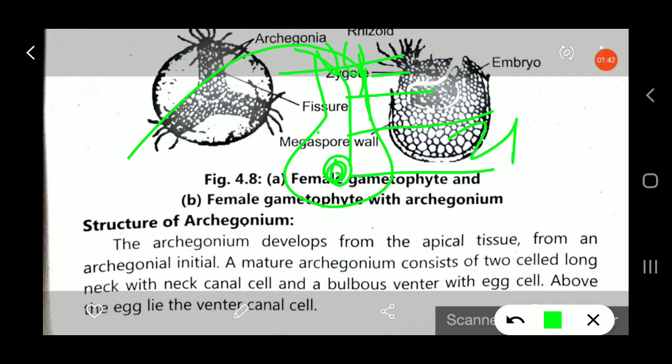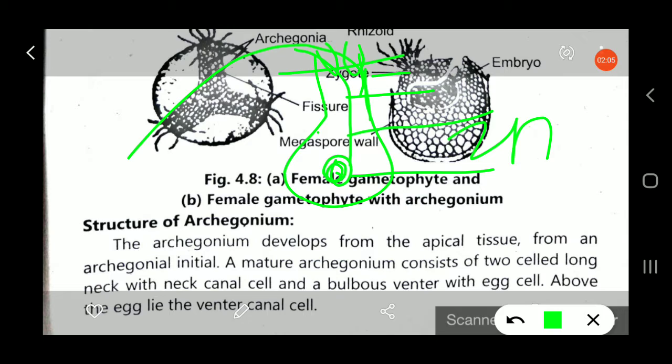This zygote is 2N. When this 2N divides, redivides, differentiates and redifferentiates, it forms a structure known as the embryo. Then the embryo divides into epibasal and hypobasal cells, which form the various parts, that is root, shoot and apex. Likewise, the development takes place.